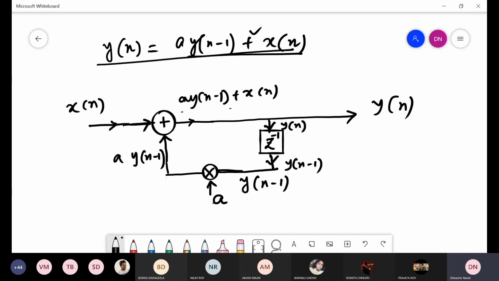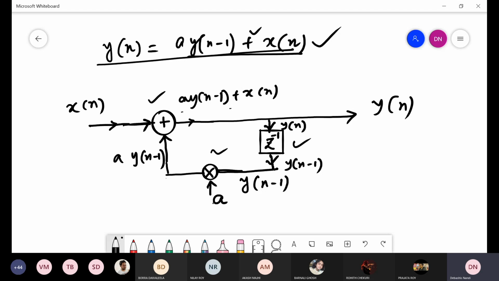This is the block diagram of this particular linear system. Now you see I have used one adder, one multiplier, one delay unit to design this discrete time system. This is the pictorial representation.